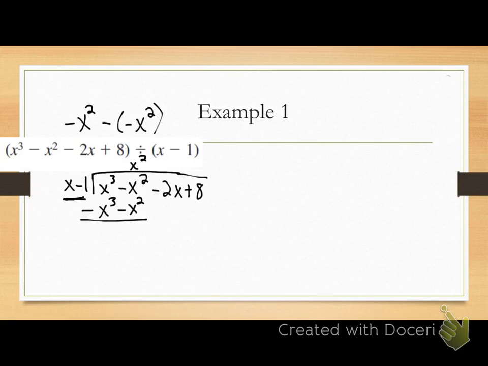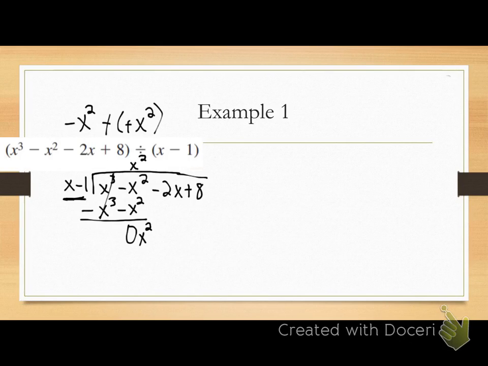In that farthest right column. So what would that give me? They would cancel each other out, right? I'd get 0x squared. And then my x to the third minus x to the third would give me 0x to the third, or they would just cancel each other out. I'm going to leave that 0x squared, though, for now. That way we can use it for the rest of our division problem.